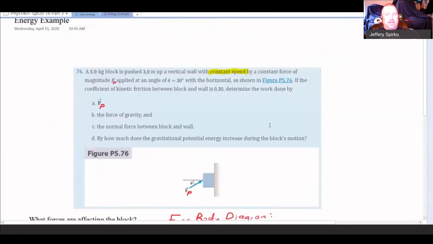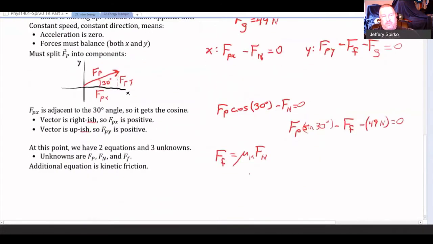And we were told a mu kinetic of 0.3. So the force of friction is equal to 0.3 times the normal force. So now I have 3 equations: 1, 2, 3 equations.